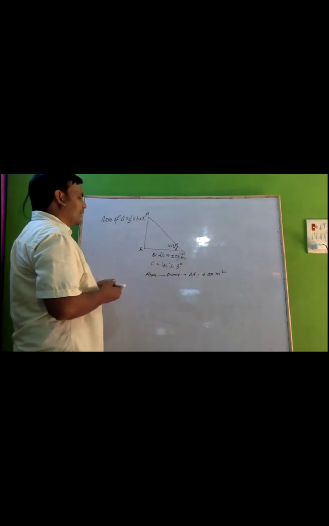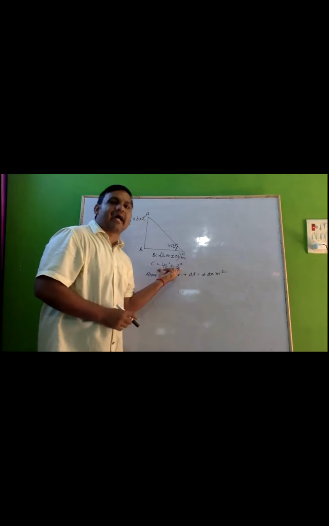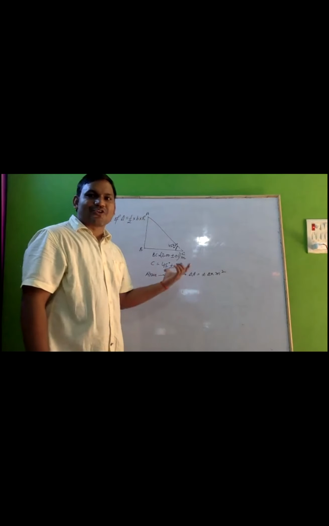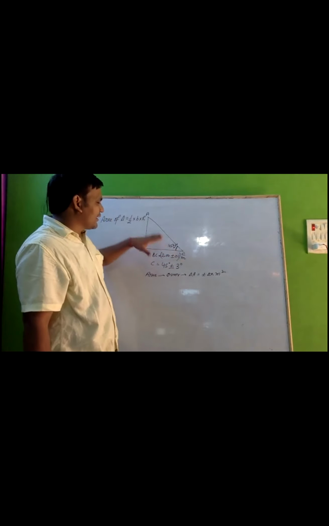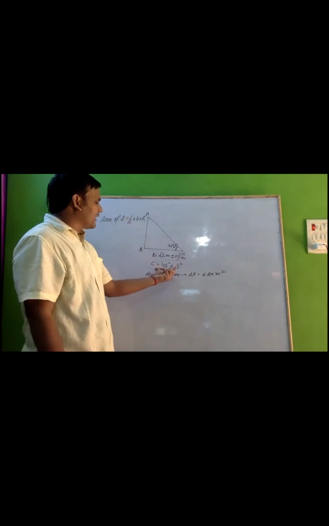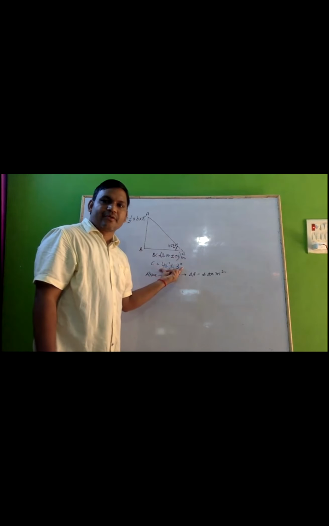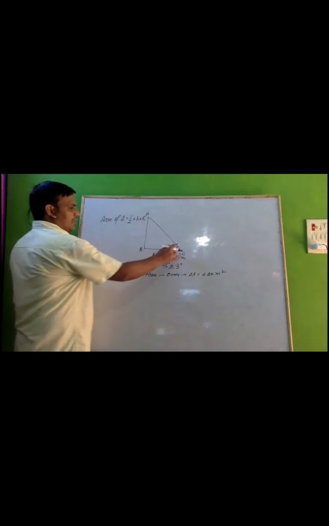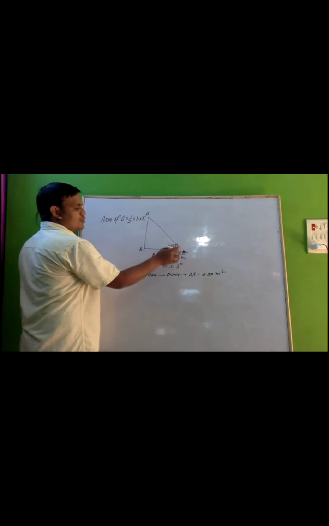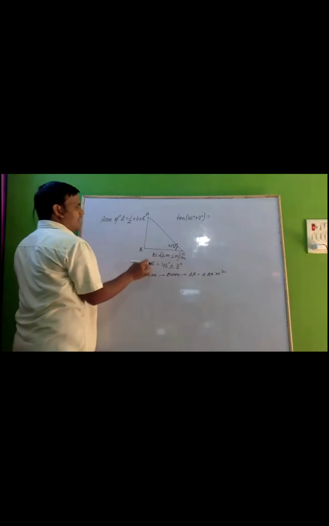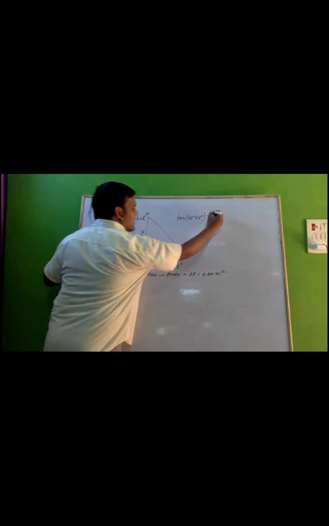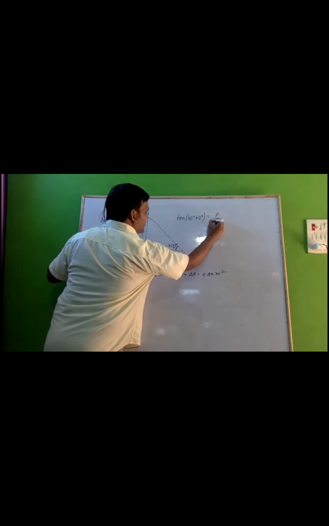But they have given the uncertainty in the angles. So what you can do here is take a formula that includes this angle. If the angle is 45 degrees plus 3 minutes, then tan theta is tan of 45 degrees plus 3 minutes. This is the perpendicular and BC is your base.